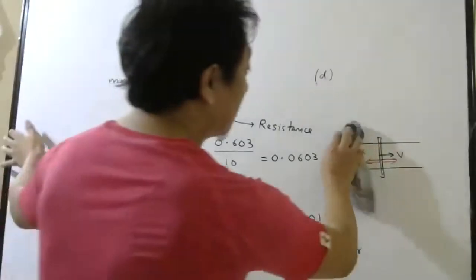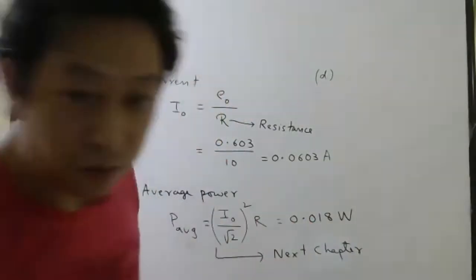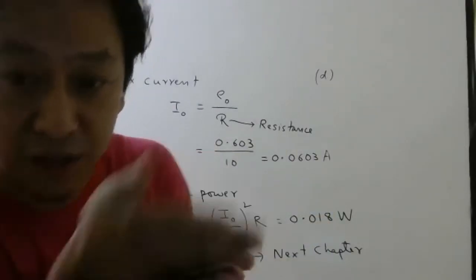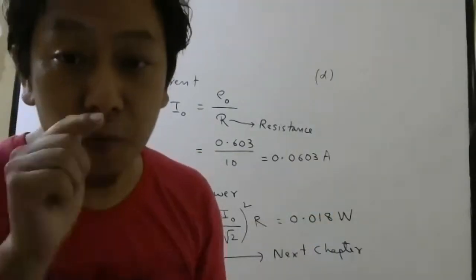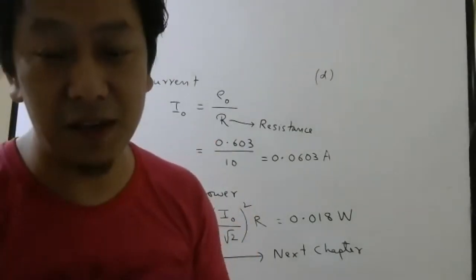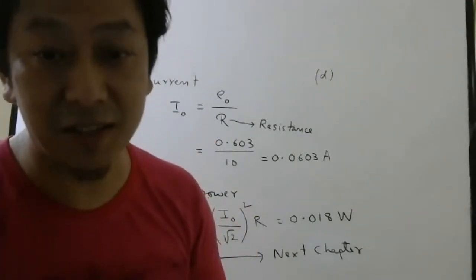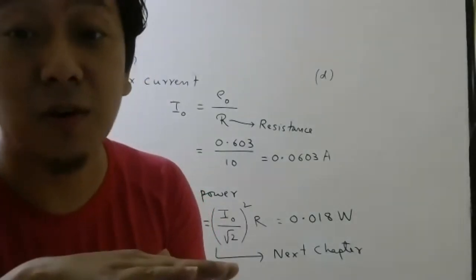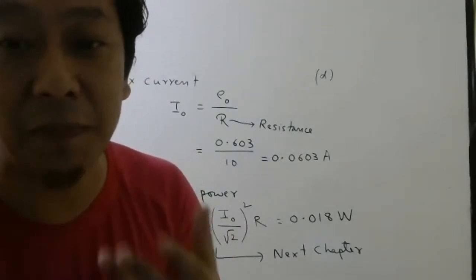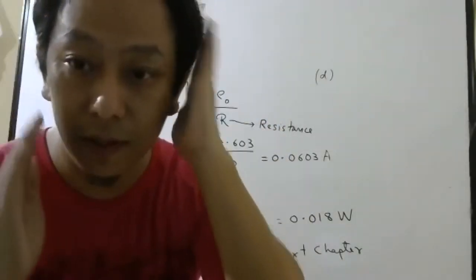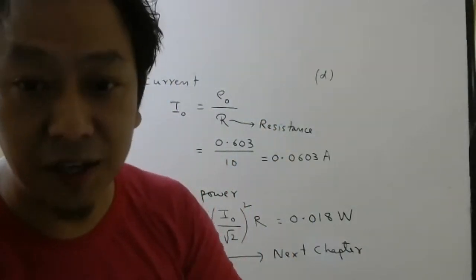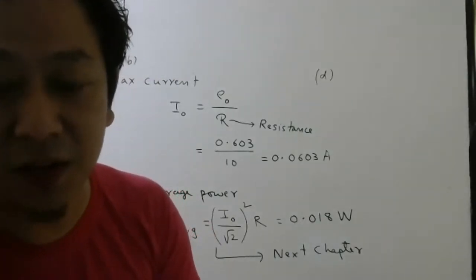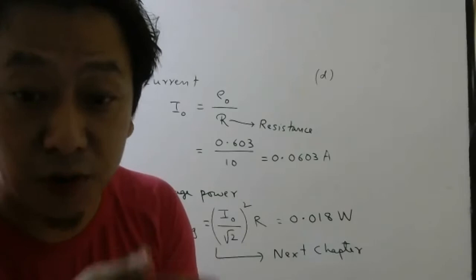So even in this case, the moment you try to rotate the coil from rest, flux will change. Once flux changes, EMF will be induced. According to Lenz's law, the induced EMF will try to oppose the change.